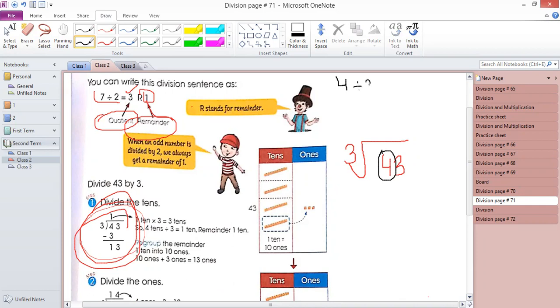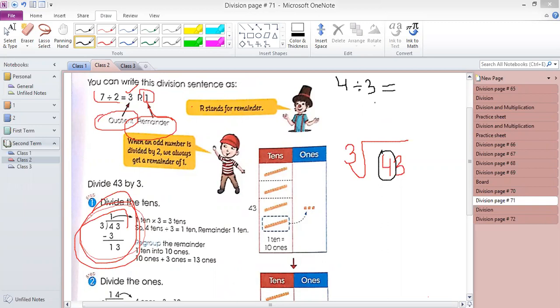So 4 divided by 3, you will check table of 3. In table of 3, does 4 come? Yes or no? No. Very good. 4 doesn't come in the table of 3. 3 ones are 3, 3 twos are 6, no 4.